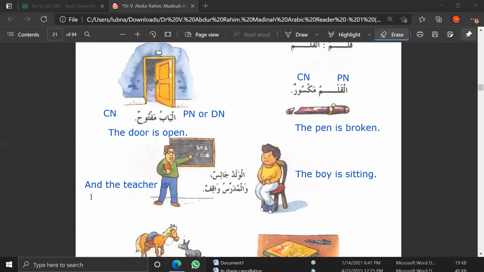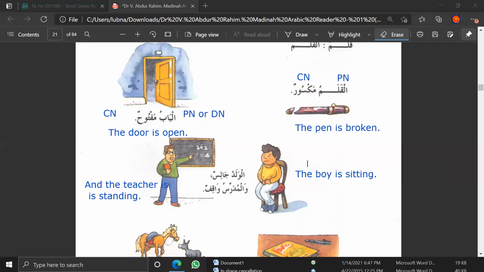Standing. The teacher is standing. Excellent. Shabash. The boy is sitting and the teacher is standing.